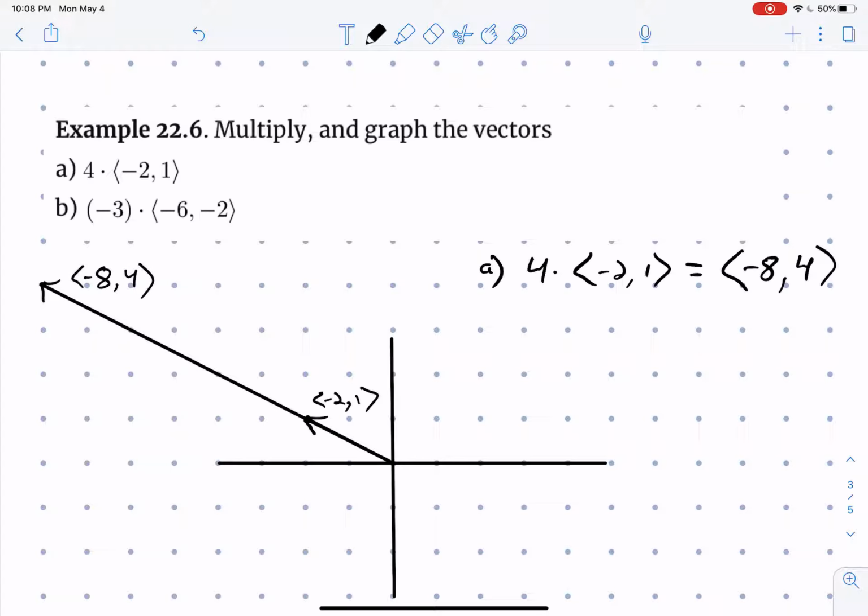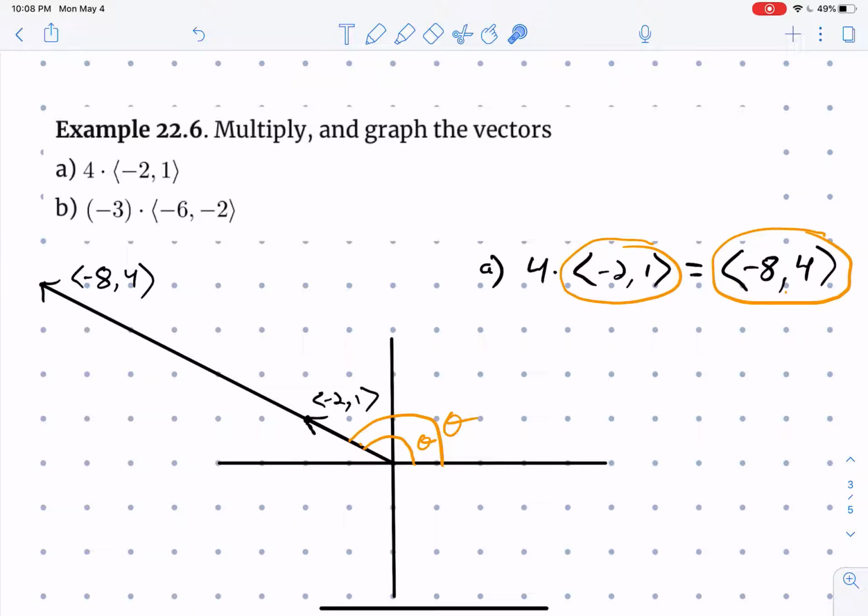Now, things to notice. I'm interested in comparing the vector before we multiplied it by a scalar with the result of multiplying it by a scalar. You'll notice that the original vector had an angle, theta, and the new vector has exactly the same angle, theta. The original vector had a length. We could do some calculation and find that length, but I think it's just as easy to tell that if you look at this length, how much bigger is this one?